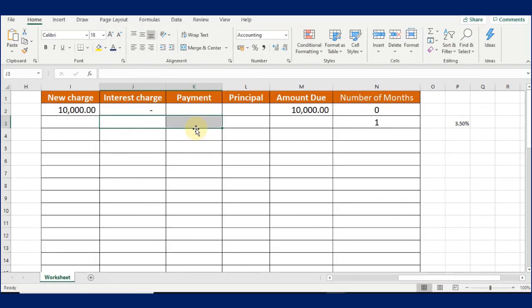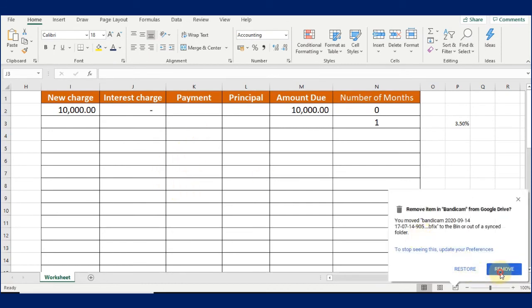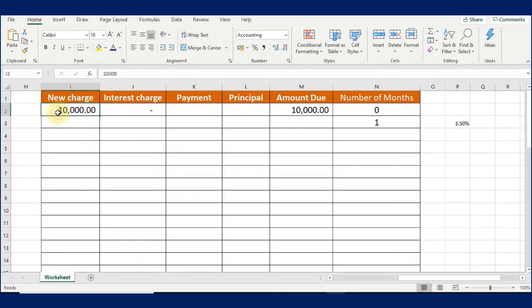Okay? So I have here the scenario that you charge 10,000 on your card and then after that, you will no longer charge anything. All right? But instead of paying it in full, you want to pay only 500 pesos every month. If you do not use a credit card, how many months will you pay 10,000 for payments of 500?